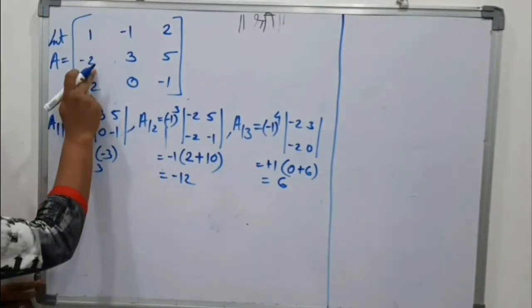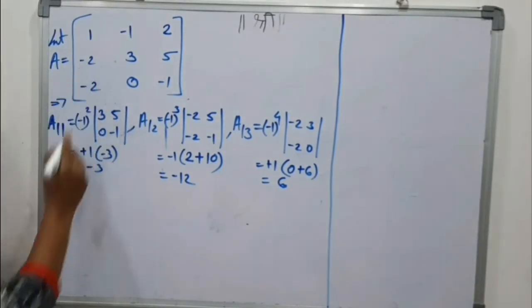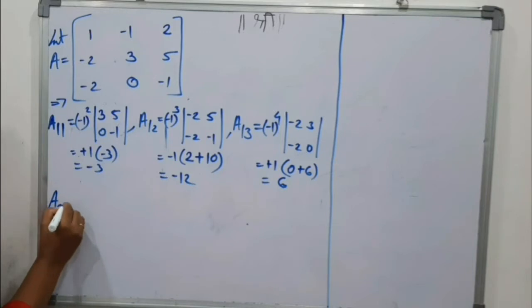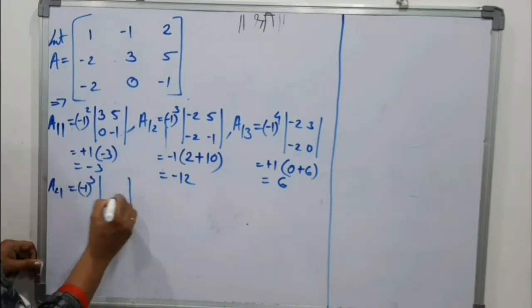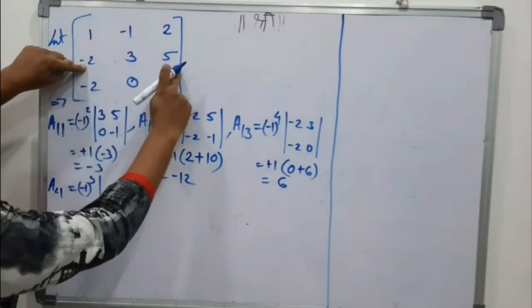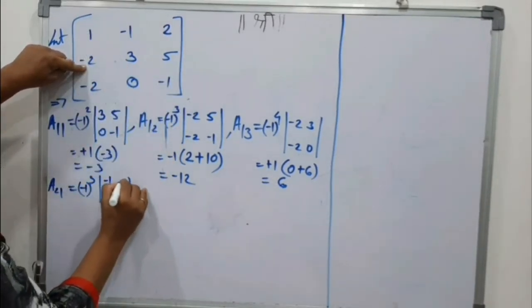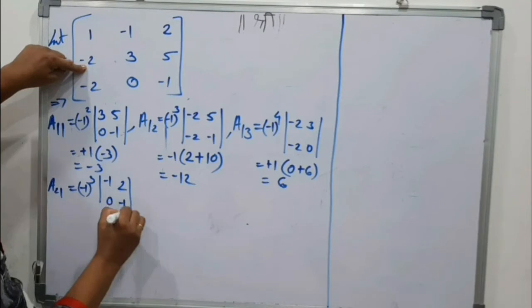Now the cofactor of this element we will denote as A21. (-1) to the power 3. In the determinant, hide this row and this column: -1, 2, 0, -1.